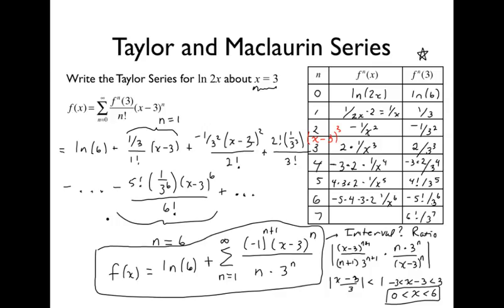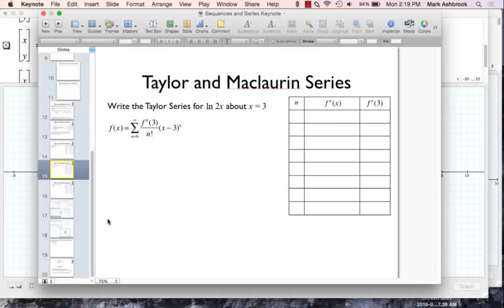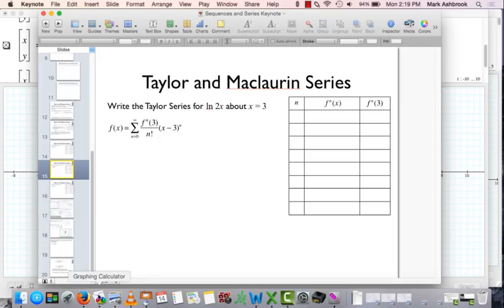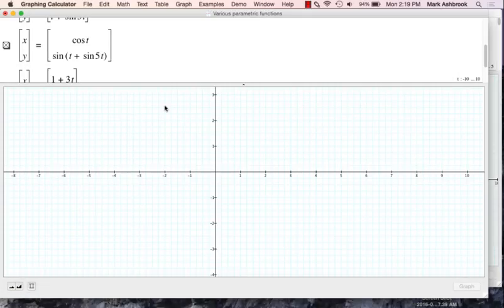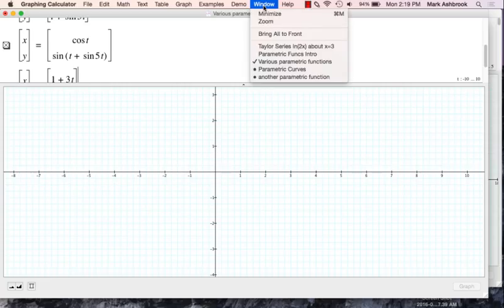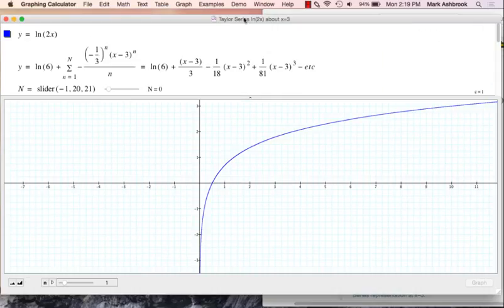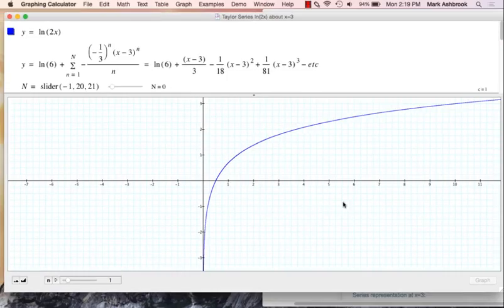Okay, so let's look at this. Can I erase? Okay, so here is ln of 2x. There's the graph of it. And then I've written out, is this what we got?